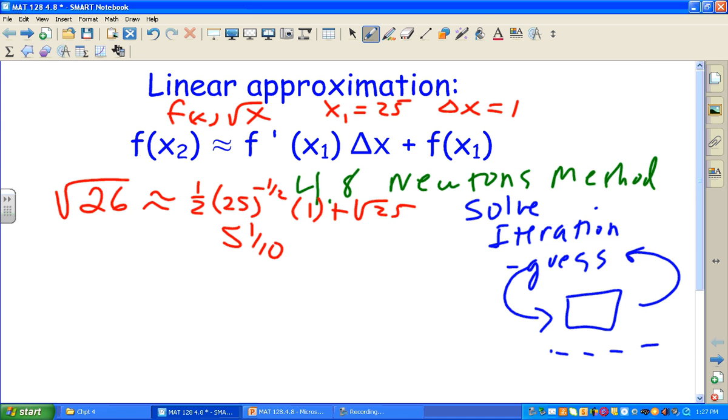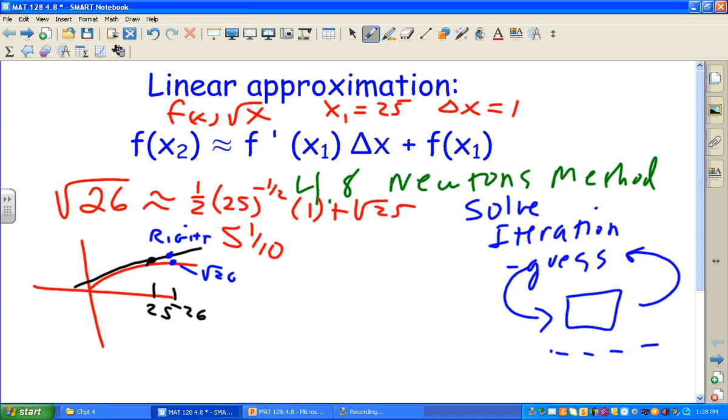Well, that was good for then, because we realized that on the square root, if this is 25, this is 26, and we used this line to approximate that function value right there. They're close. Obviously, my graph is not accurate as far as the width between the two, but it's close. So using the right side of this, I was able to approximate the actual square root of 26.